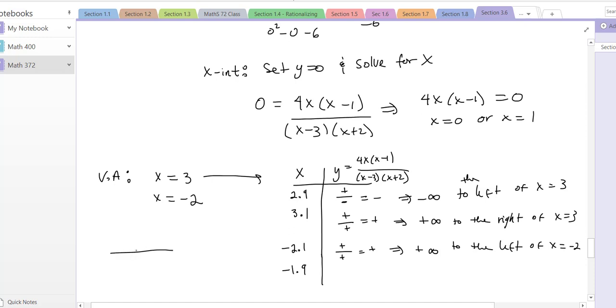If you think about the number line, x is negative 2 here, then negative 2.1 is to the left, and then negative 1.9 is on the right side.